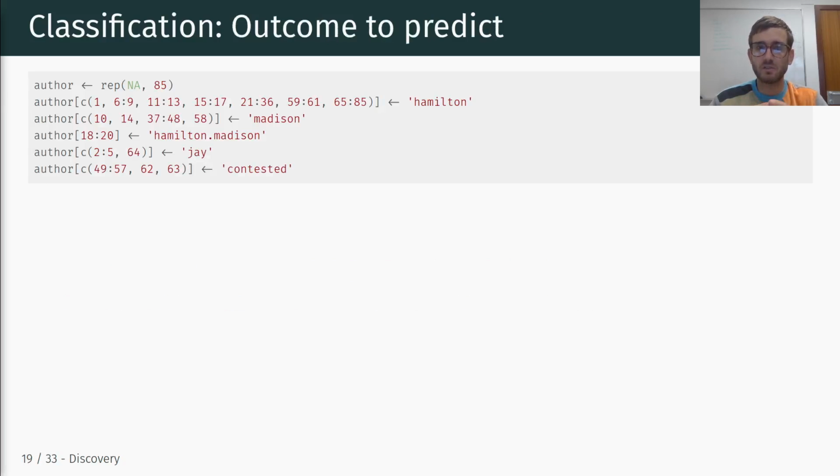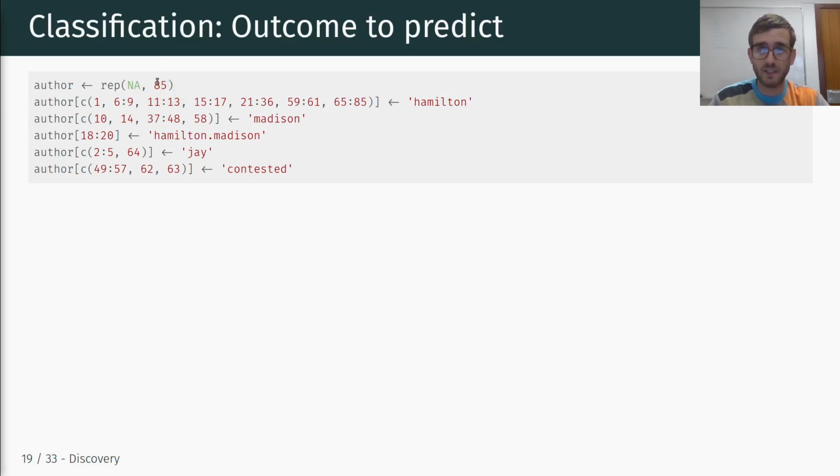And that's the outcome that we want to predict ultimately, and that's what we base our model on, what we use as a dependent variable in our model to predict the outcome for the essays where the authorship is unclear. Okay, so what we're going to do here very quickly is just create a vector of length 85.